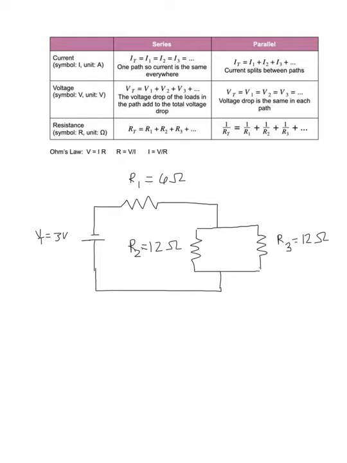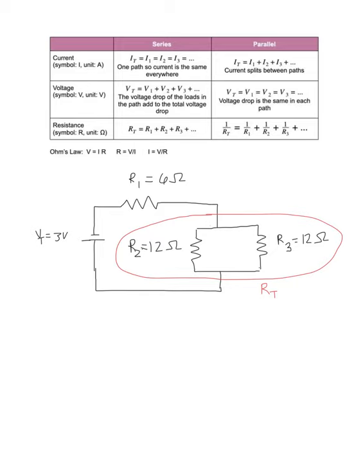The first thing we want to do is make it similar to that last circuit where we had just one resistor here and one resistor here. So we're going to take this parallel circuit and break it down and make it like one, if we want to find one equivalent resistance for this.